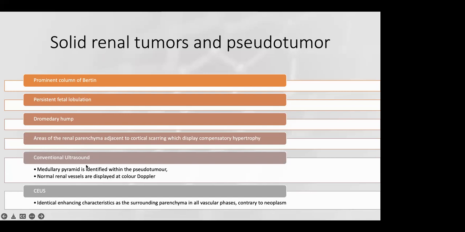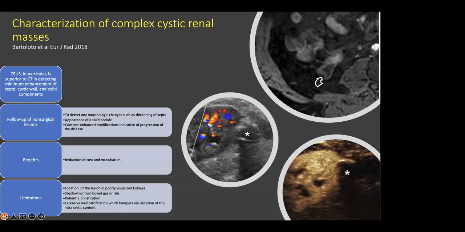Because this thing is time bound, we have to see the cortical and the medullary phase in terms of the time, because it takes like the time that you have already described, 15 seconds to 40 seconds between these two phases.